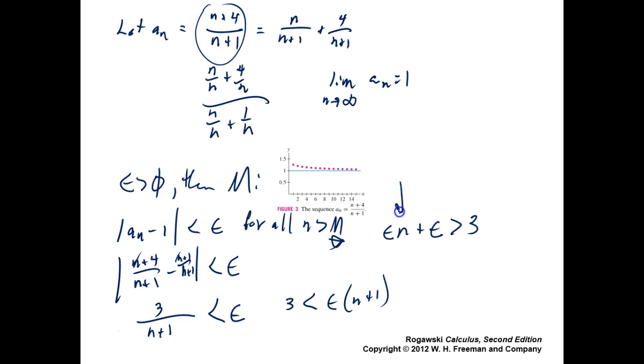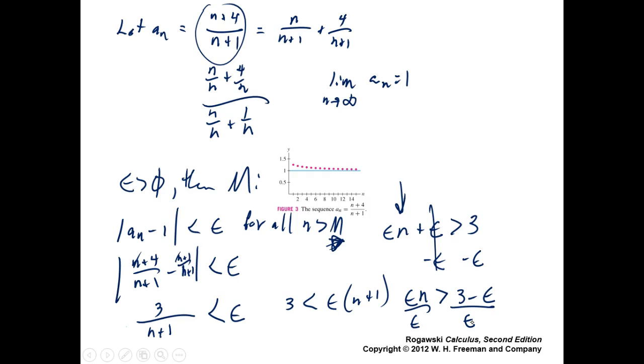Now, we want to isolate the n because we want to come up with some value m. You've got the n here, you've got greater than here, so let's subtract epsilon from both sides. That gives you epsilon n is greater than 3 minus epsilon, right? Well, divide both sides by epsilon.